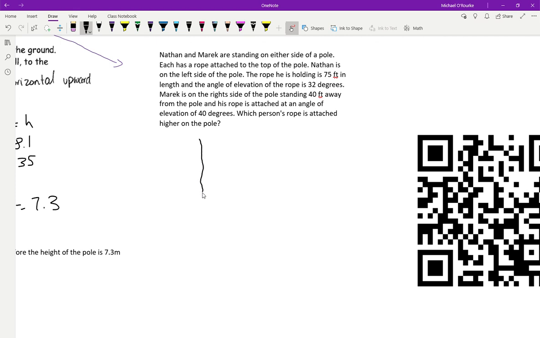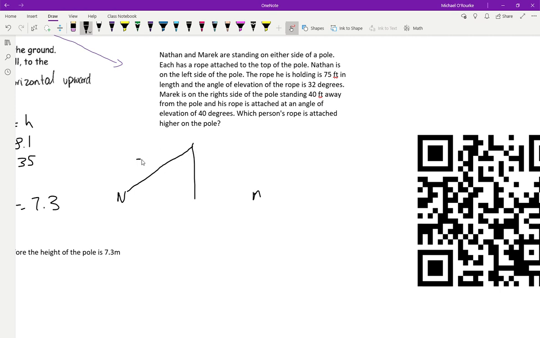So we have a pole here, a nice straight pole. We didn't draw a line for it. Then we have Nathan over here, and we have Mark over here. Nathan has a rope going up.